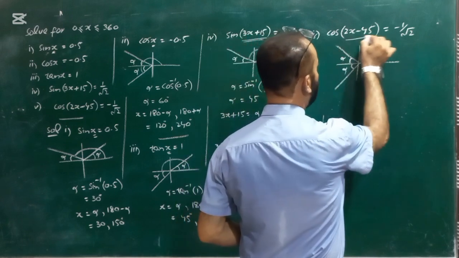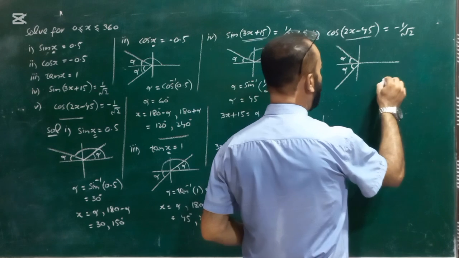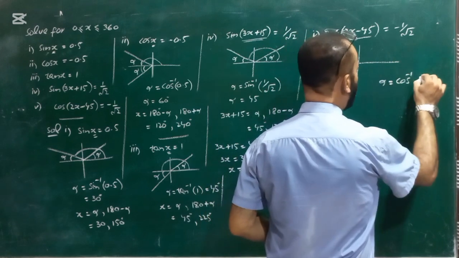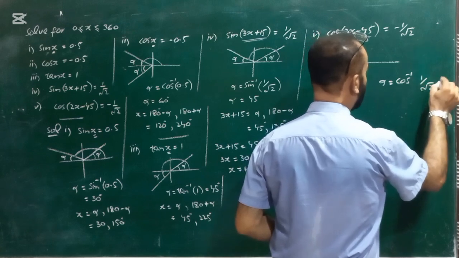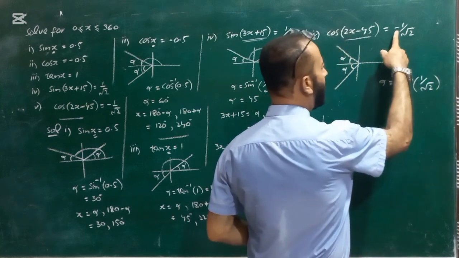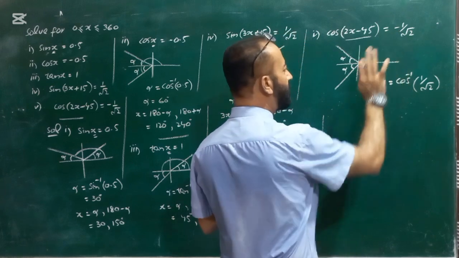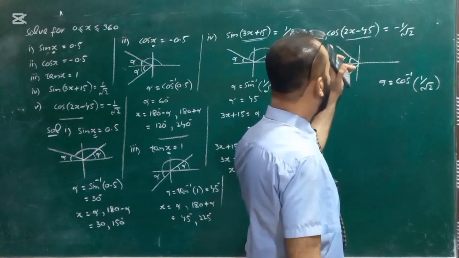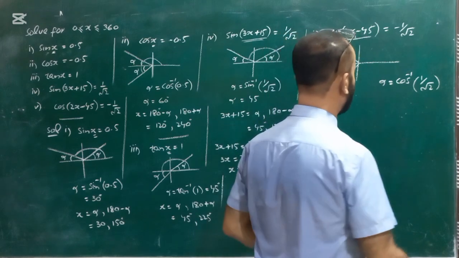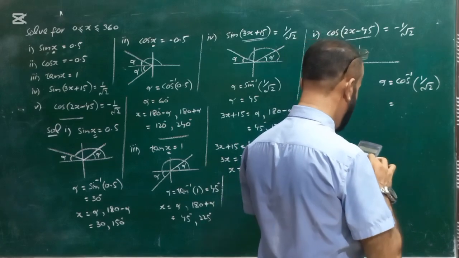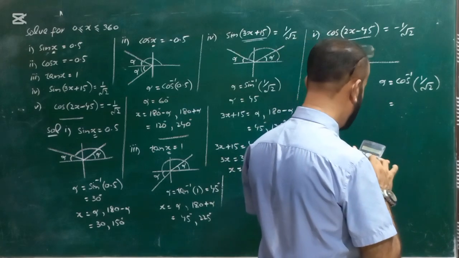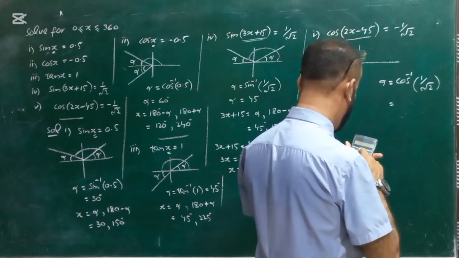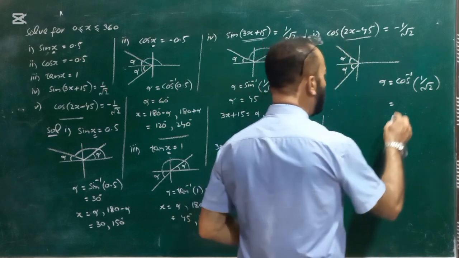So look now, this is the angle, but first we will find the alpha angle. So alpha will be equal to cos inverse 1 by square root 2, because the task of this negative sign was to decide the quadrants. Now there is no need of the minus sign, so alpha will be equal to cos inverse 1 by square root 2, that is equal to 45 degrees.